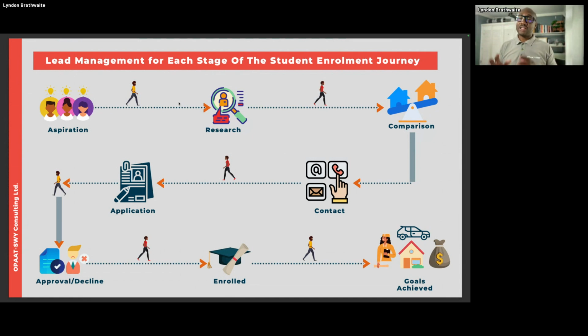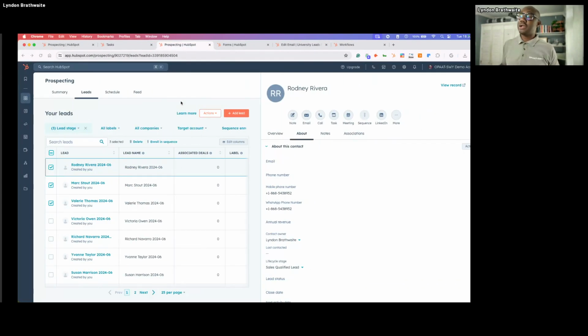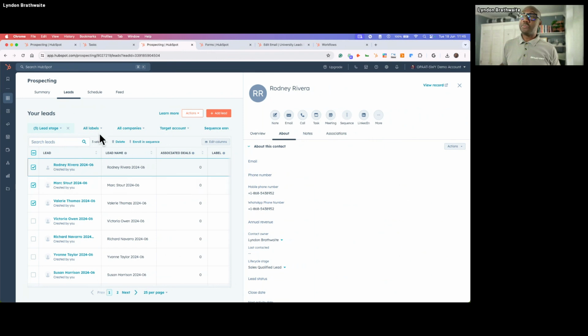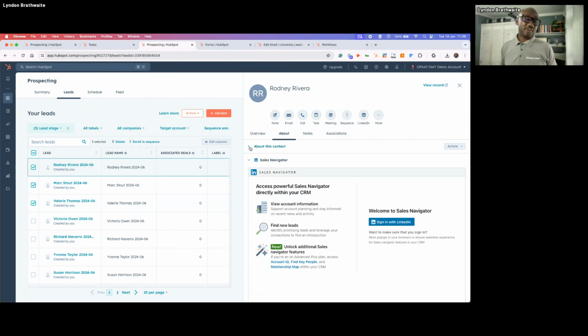If you recognize, okay, these people are not qualified, even when we're looking at it from the prospecting space, then I disqualify them and get them out of the CRM. Because yes, we can do that as well. But lead management is for us to be able to capture, qualify, nurture, and convert. And that's why it's so important.